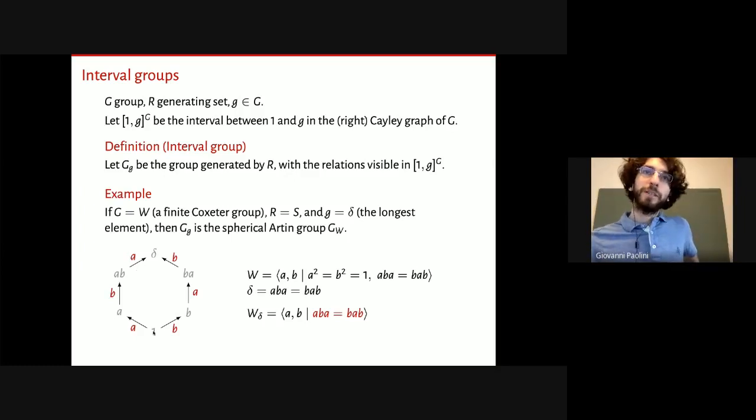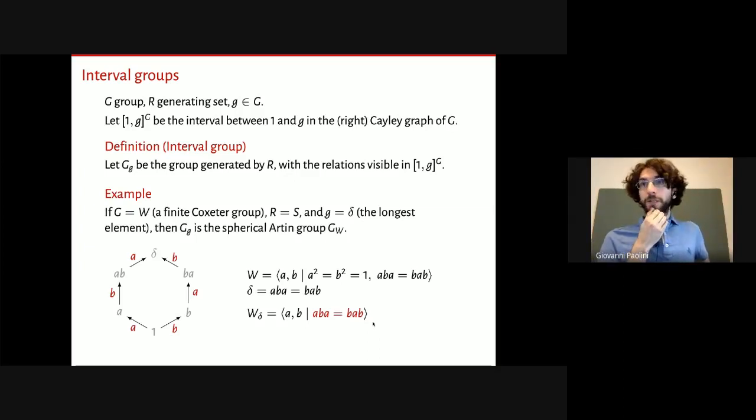And you can see that there is one relation that you can see from this picture, which is there are two ways to go from the bottom to the top. One way is ABA, and the other way is BAB. So this is going to be a relation, in fact, the only relation in this case for our interval group.